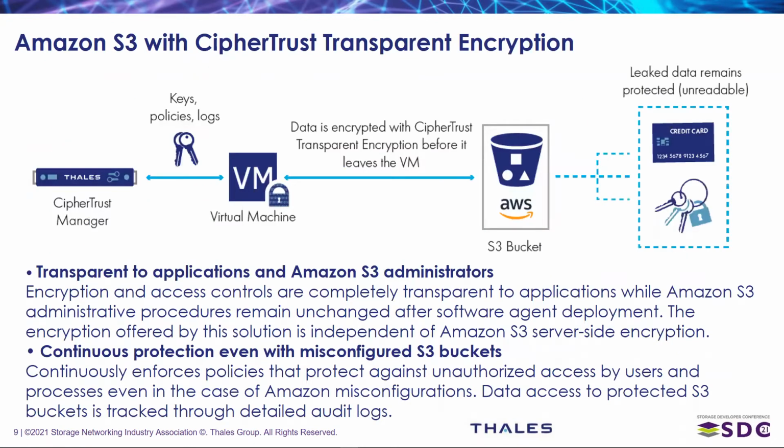So basically, just one more word on CipherTrust Transparent Encryption is that it provides you the ability to bring your own encryption and security to the cloud. So for cloud security specifically, protecting S3 buckets and their objects, we have the CipherTrust Transparent Encryption for Amazon S3.